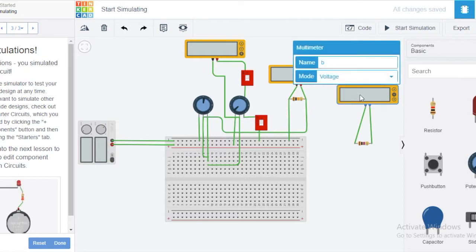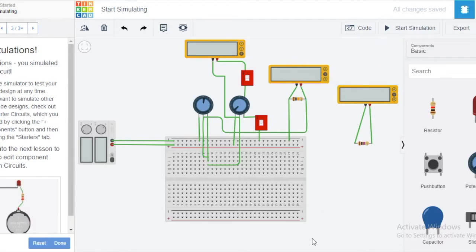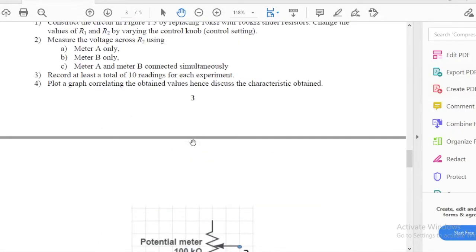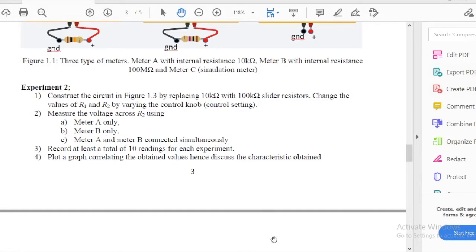This is meter B, which has a 100 mega ohm internal resistor. This is meter A, which has a 10 kilo ohm internal resistor. Therefore for this experiment we use meter A only.